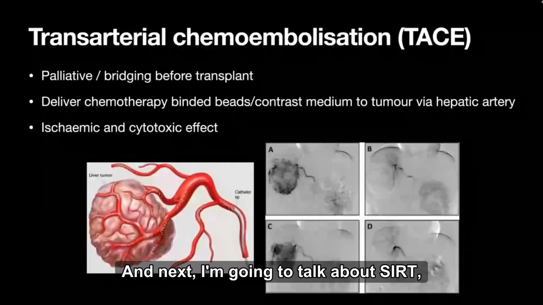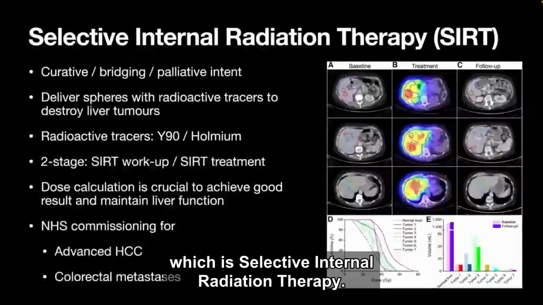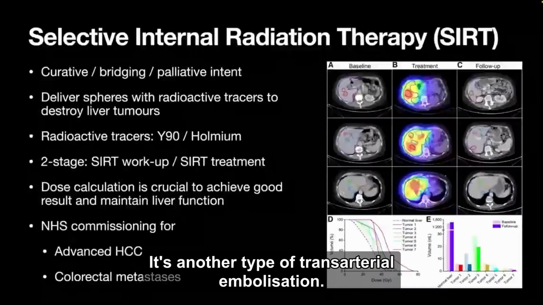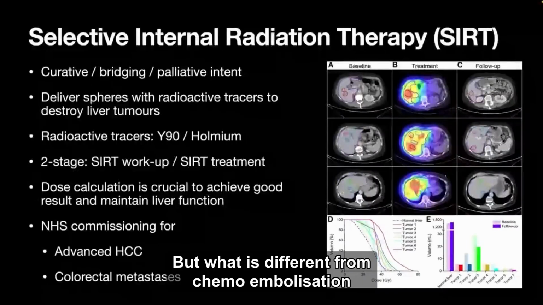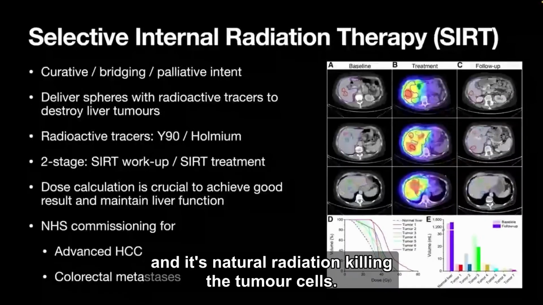And next, I'm going to talk about SIRT, which is selective internal radiation therapy. It's another type of transarterial embolization, but what is different from chemoembolization is these beads or spheres will emit a radioactive isotope, and it's actual radiation killing the tumor cells.